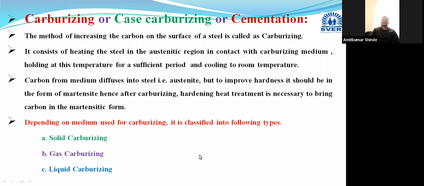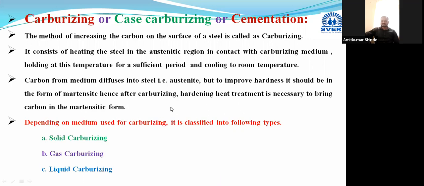It should be present in the form of martensite, and only then will we get the hard and wear resistant surface. To obtain this, we do a further hardening heat treatment to bring this carbon into the form of martensite. This hardening can be done in different ways: direct quenching, double quenching, case hardening, or core hardening.